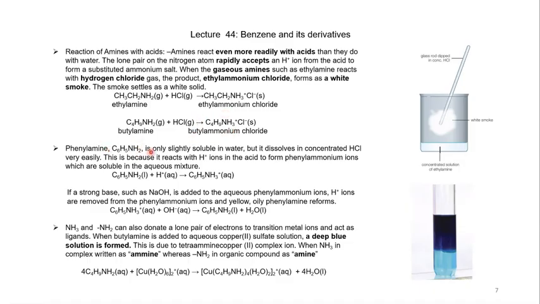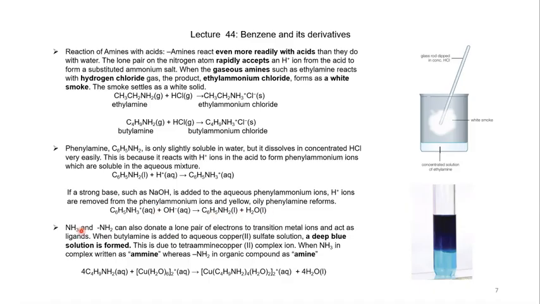Phenylamine is slightly soluble in water, but it dissolves easily in hydrochloric acid, and with acid we get the phenylammonium ion. The phenylammonium ion reacts with a strong base such as sodium hydroxide, and we get phenylamine back and water.